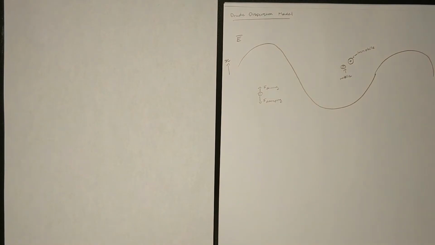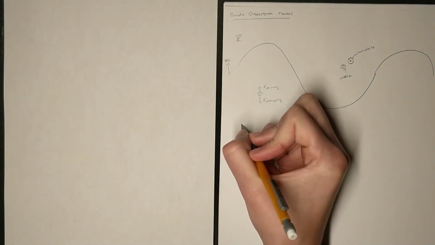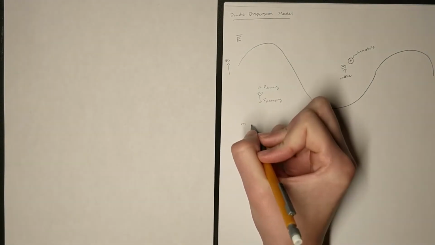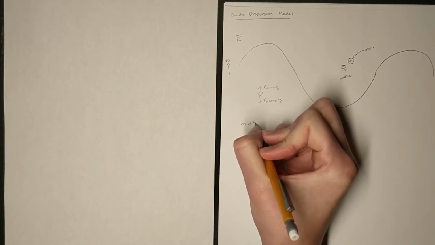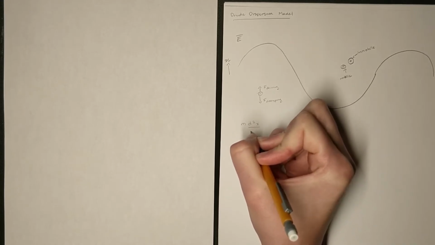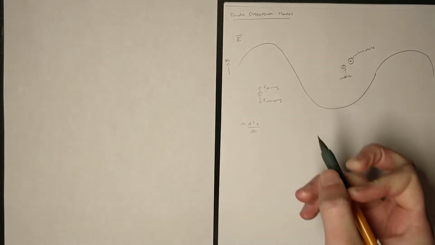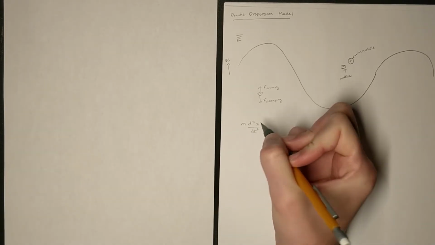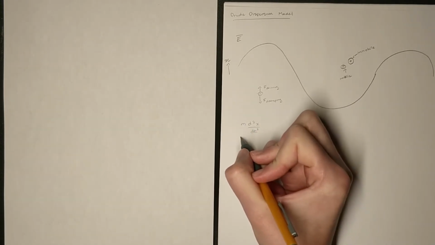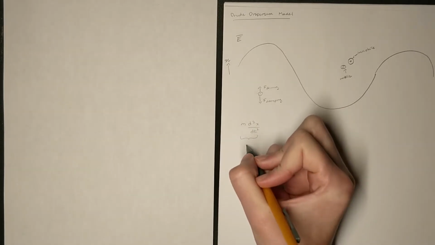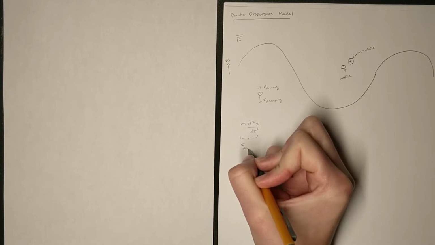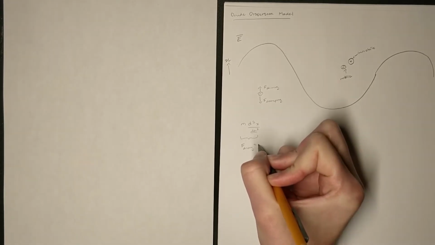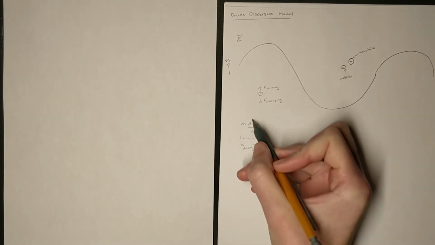Now the equation to model this electron dispersion looks like the mass times the displacement, second derivative of displacement with respect to time. This is equal to force, driving, as it is equal to m times a, where this is acceleration.